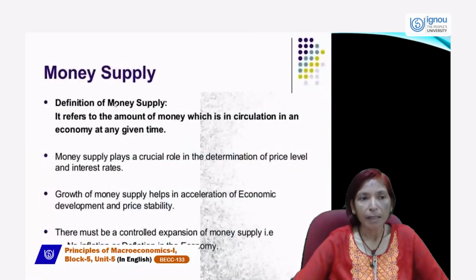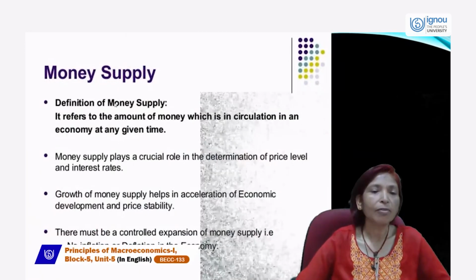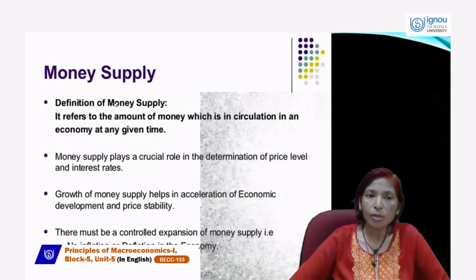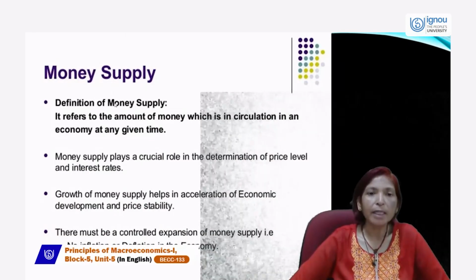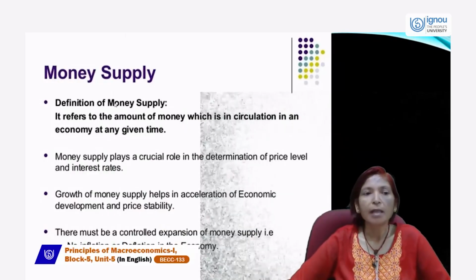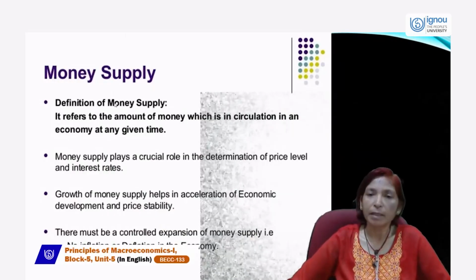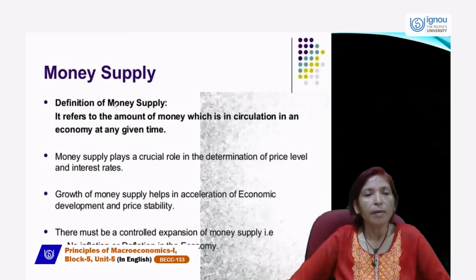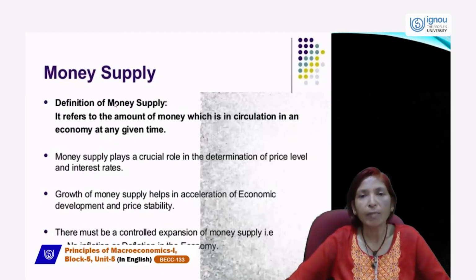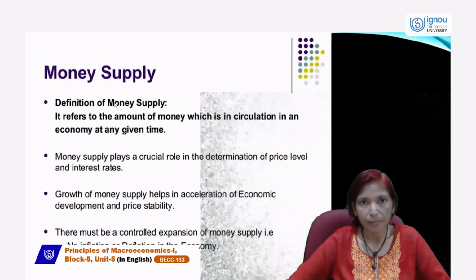So money supply. What is the definition of money supply? Money supply refers to the amount of money which is in circulation in an economy at any given time period. Money supply means the total amount of money which is in circulation.